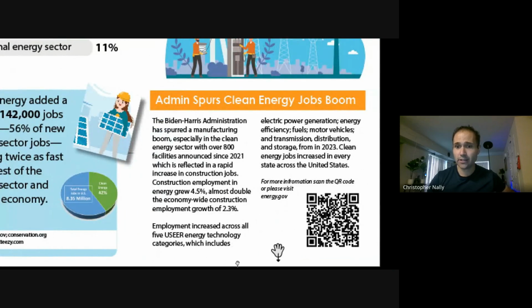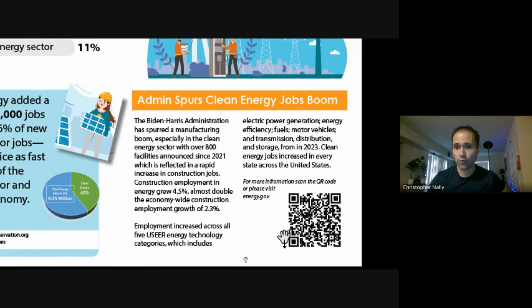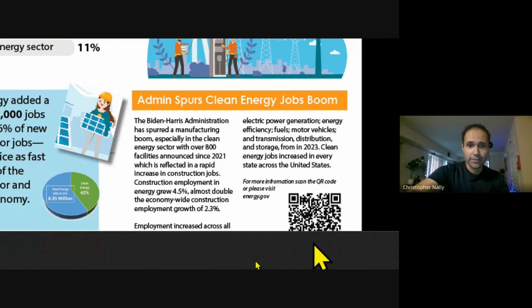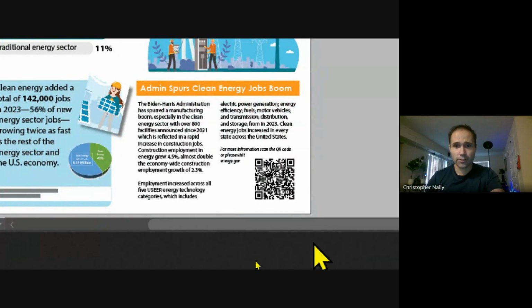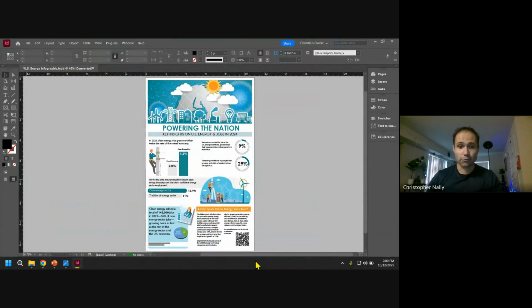It even has a call to action where your audience can learn more in the form of a QR code, which, fun fact, InDesign can actually create. That actually works. So if you need to send your audience to get more information, or maybe some resources or your reference material, it's a great way to do it.